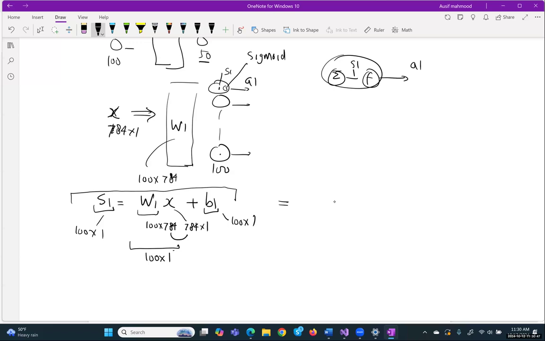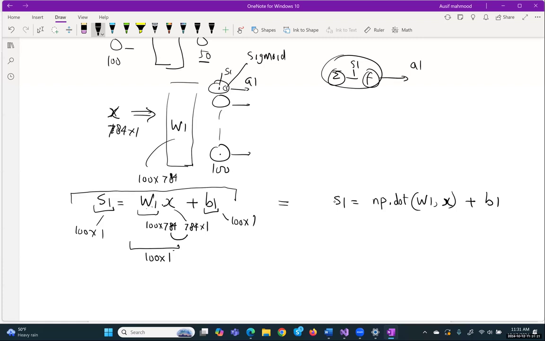Then how will we write in Python S1 equal to, because this is a matrix multiplication, does anybody remember how we do that in Python? NP dot. NP dot, okay? And then W1, comma, whatever our input variable is, plus B1. So it's easy, right?